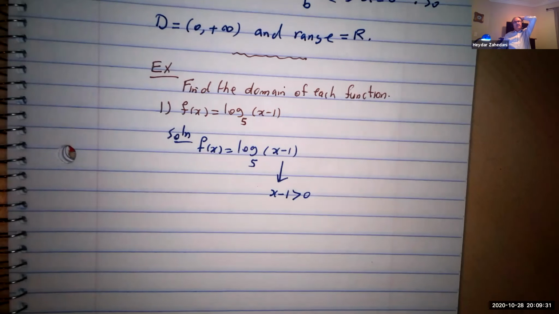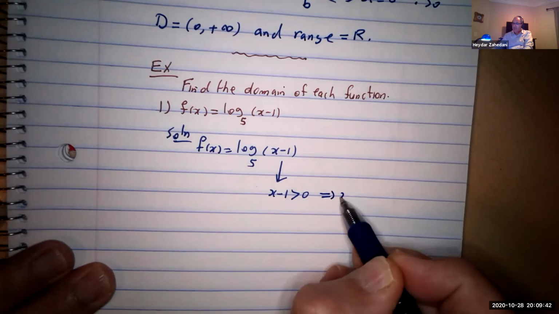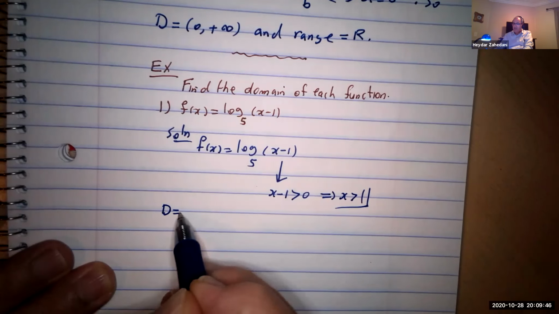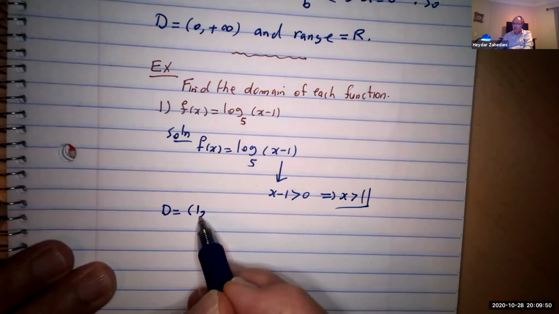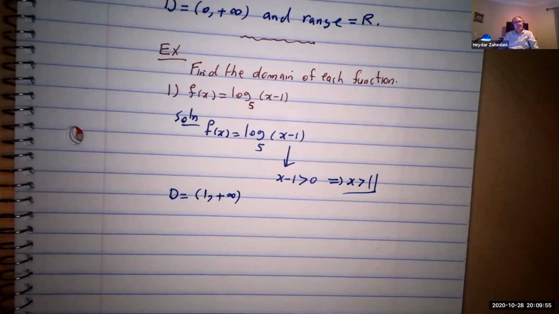If you say equal to, it means you believe in log 0, which is impossible. Then you solve this inequality, that's it. So that will give you x greater than 1. So for the domain, you have to write it in interval notation. You start with the 1 and you go on forever. That is going to be the domain of the function. Any question?